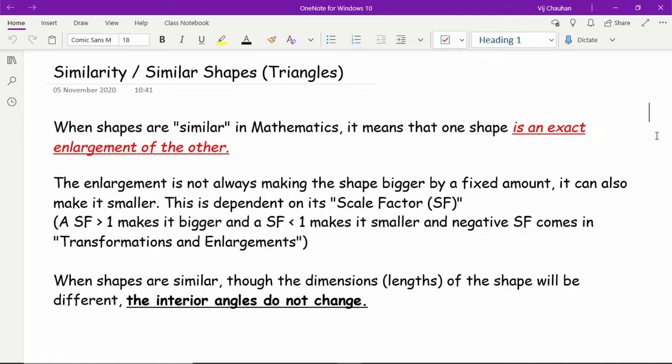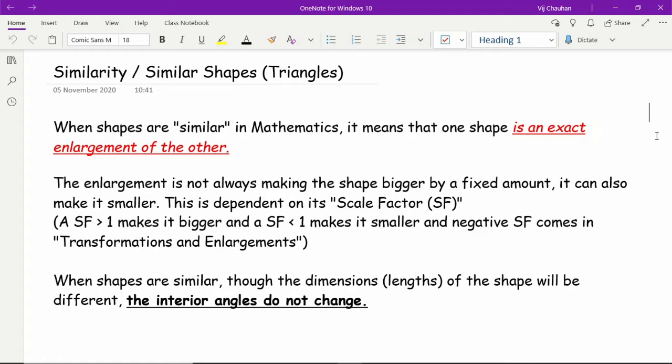Now what does depend on the enlargement is its scale factor, and that's basically how much bigger or how much smaller you are making a shape. So if the scale factor is bigger than 1, then you are making the shape bigger. If the scale factor is between 0 and 1, then it's making the shape smaller.